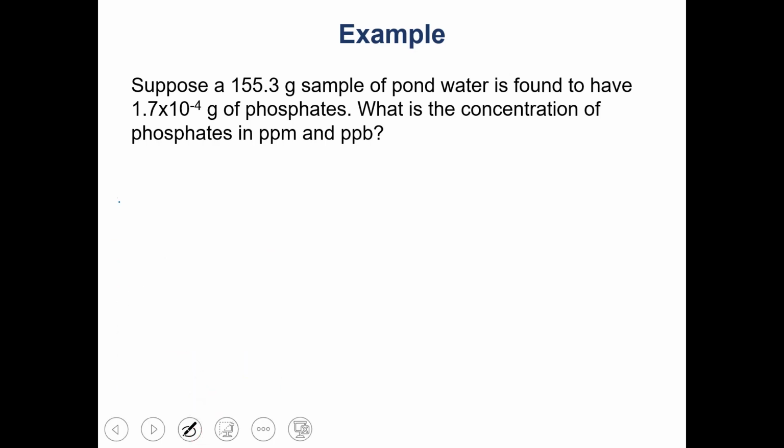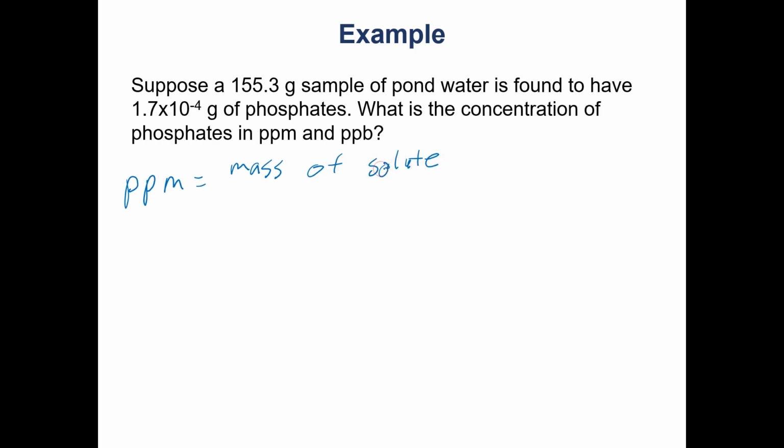So for parts per million, we take the mass of solute per the mass of solution and multiply by 10 to the 6th.